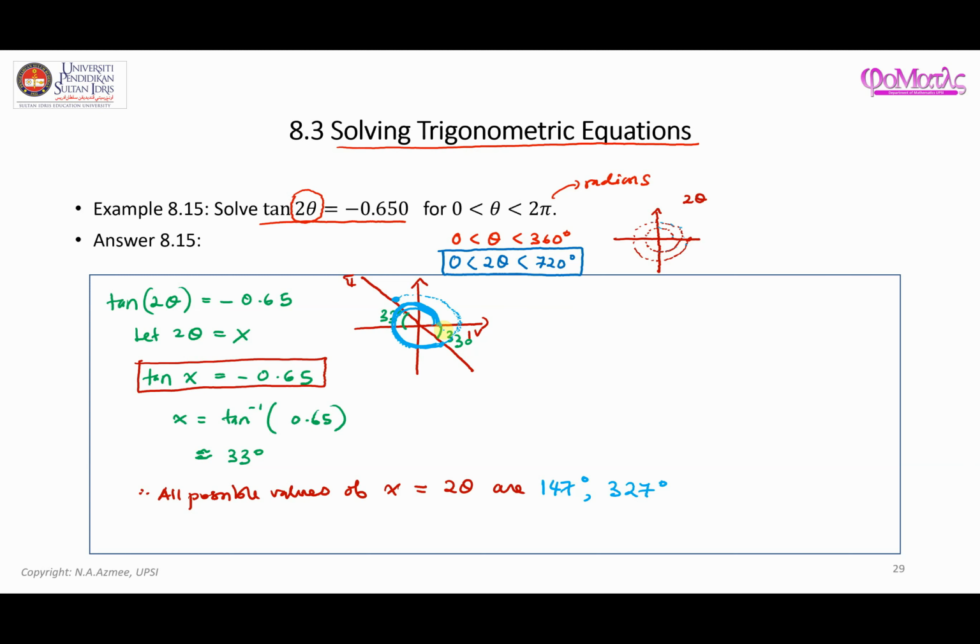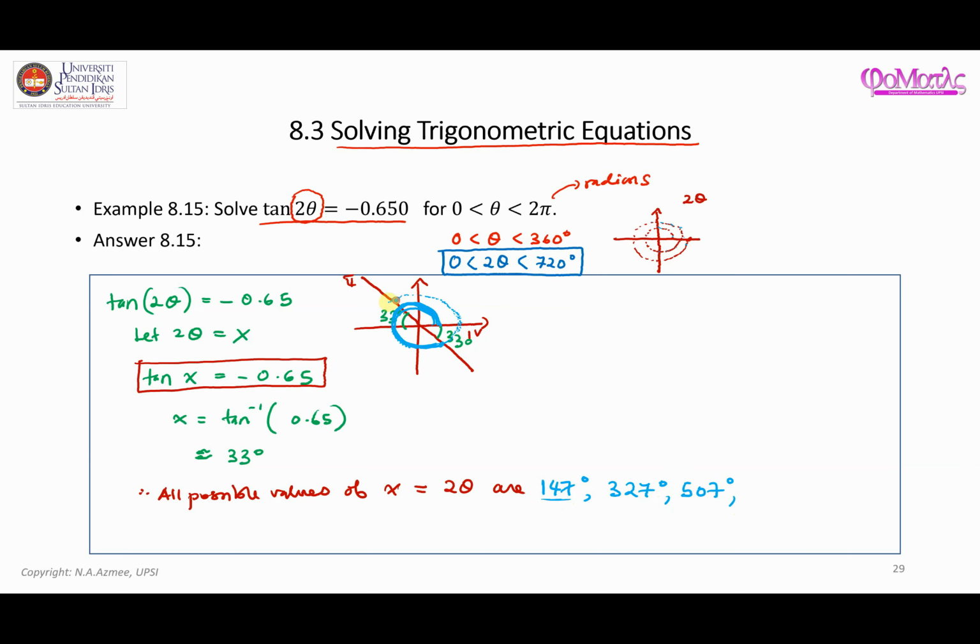So this degree here is just 147, which is the first one that we have here. That is just 147 plus, you see, plus another round of 360 degrees. So 147 plus 360 degrees, which is 507 degrees.